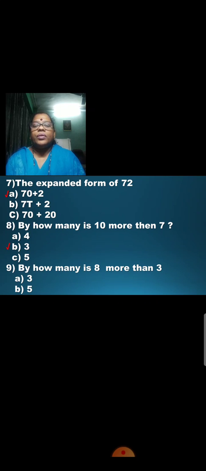Yes. Okay. Next one. By how many is 8 more than 3? Options: 3, 5. Now here how many fingers you are going to take? 8. That's very good. And how many you are going to remove? 3.